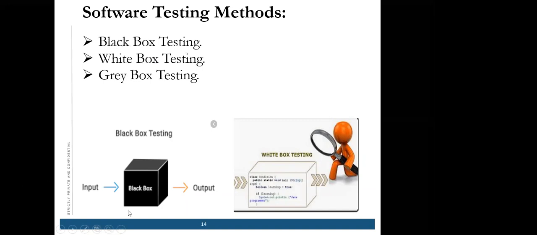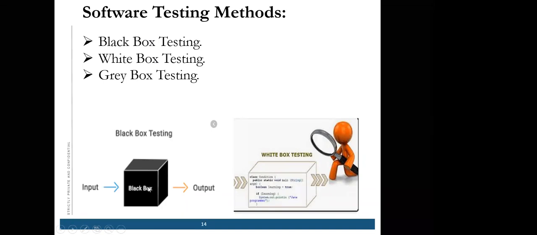Black box testing is when you cannot see anything inside the box and you are testing it. So you cannot see the code. As the name says, it's black, so you cannot see the code through it. You are just testing the UI which is given to you, and you don't know what is inside.